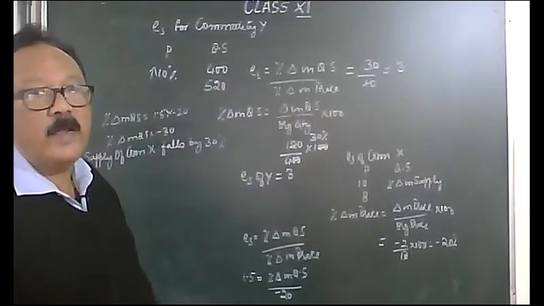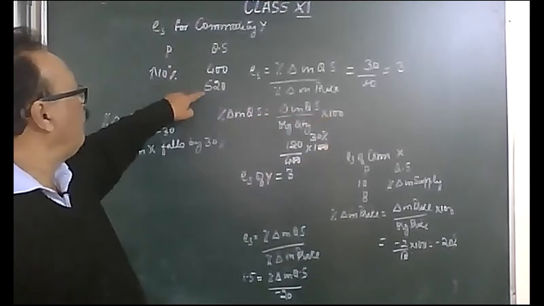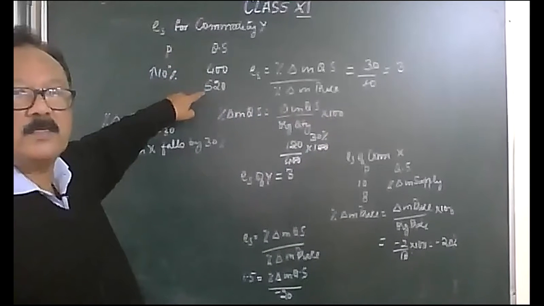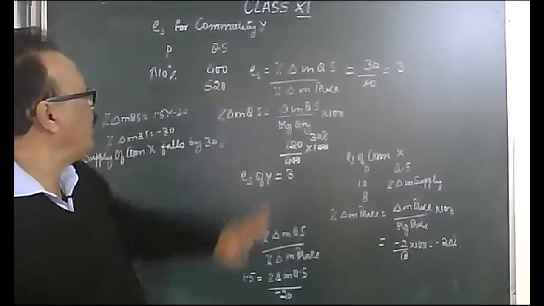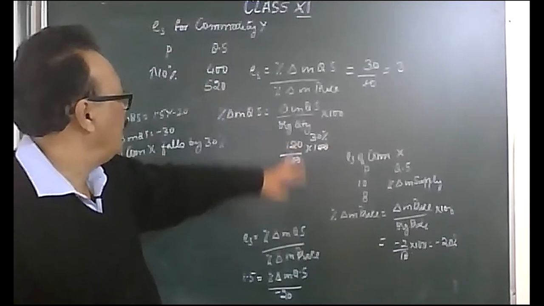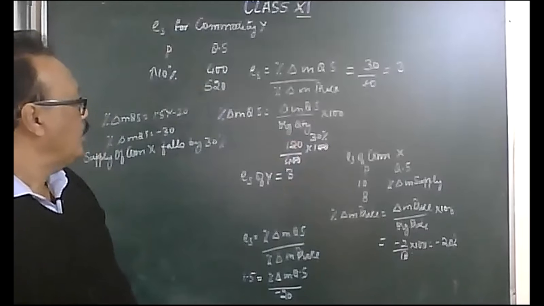Change in quantity from 400 to 520 becomes 120 plus. That is 120 upon the original quantity 400 into 100.